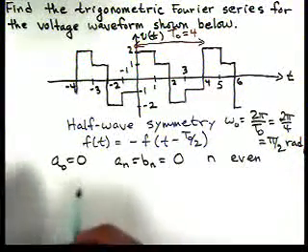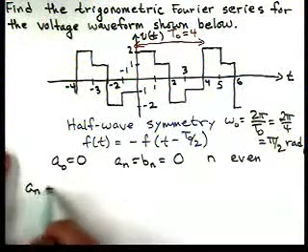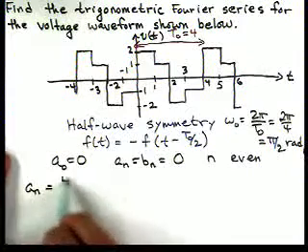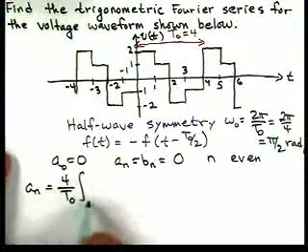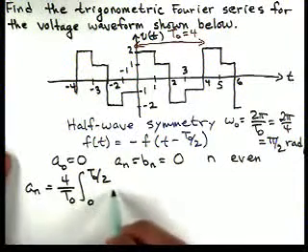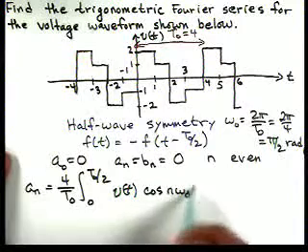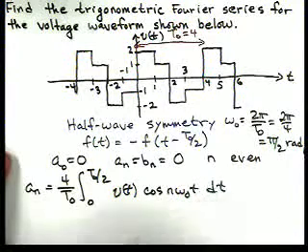So now, taking advantage of the symmetry, a sub n is 4 over t0 times the integral from 0 to t0 over 2 of v of t cosine n omega naught t dt.